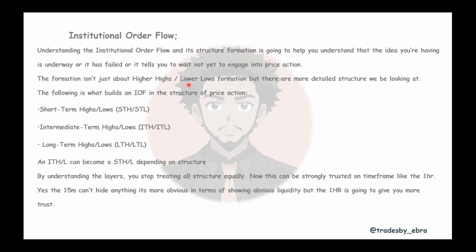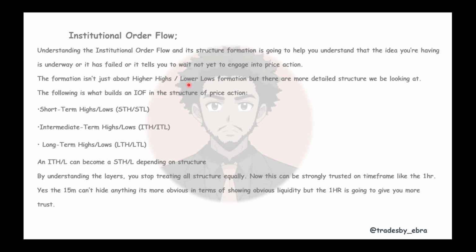Now, this can be strongly trusted on a time frame like 1 hour. We want to see this on a 1 hour time frame to build this structure. Something lower than 15 means you're looking for entry on a sub-minute time frame. The 15 minute can't hide anything.